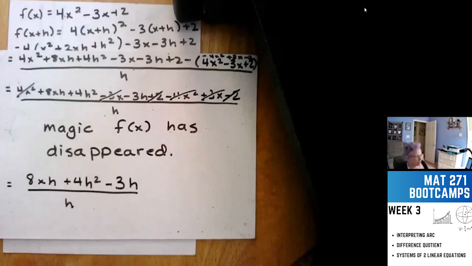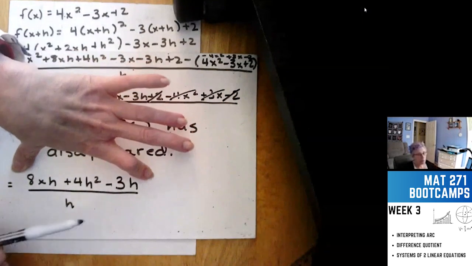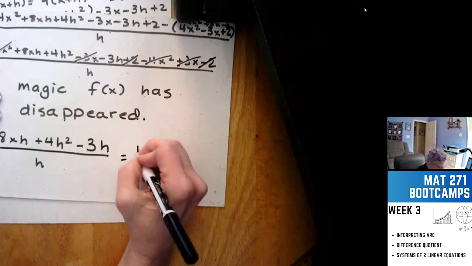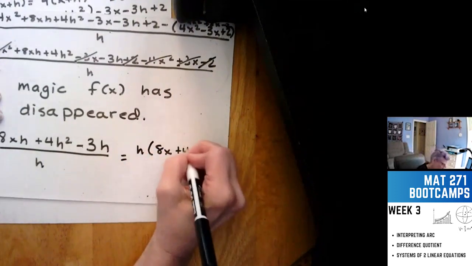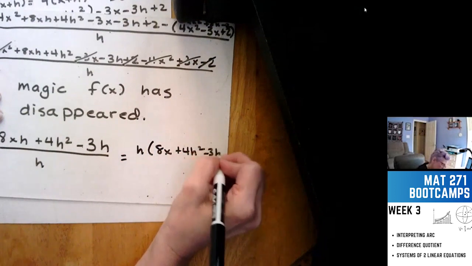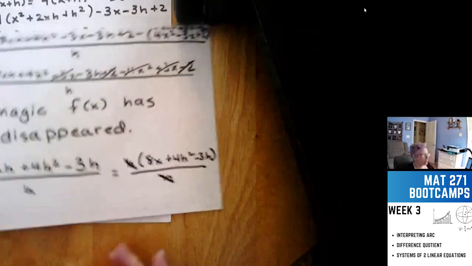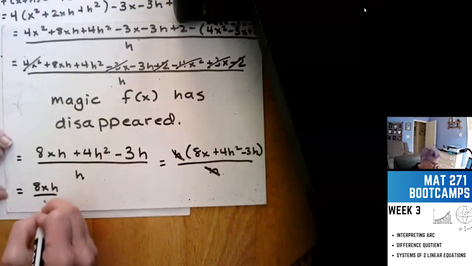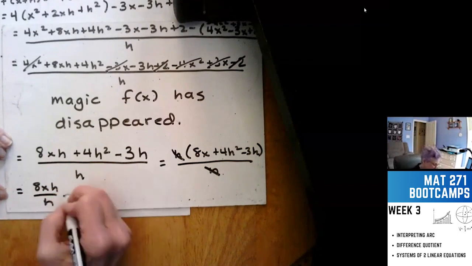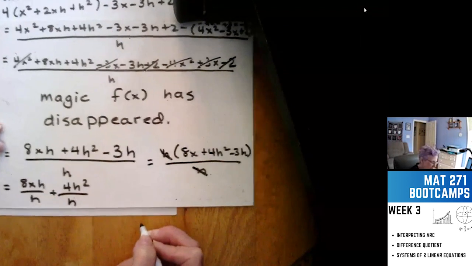The other tricky thing to be aware of is that everybody up top has to be divided by h. So you can think of it as factoring an h from that numerator and then canceling. Or you can think about 8x over h gets to be divided by h. 4h squared over h gets to be divided by h.